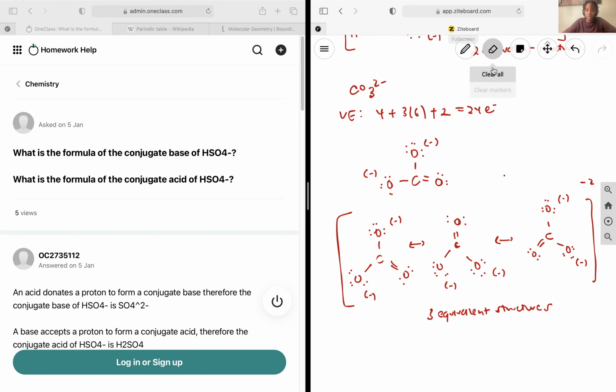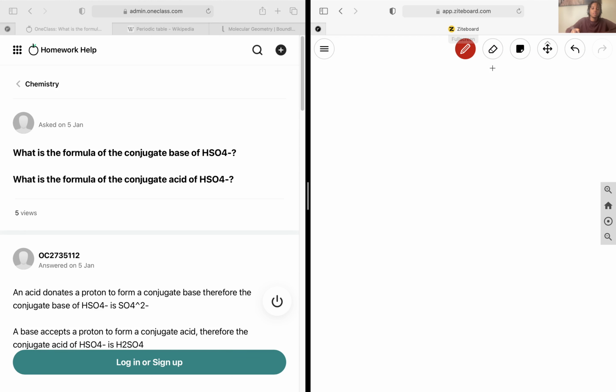Okay, next up, we're looking at conjugate acids and bases. So we just need to remember that according to Bronsted-Lowry acid-base theory, we have acids as proton donors and bases as proton acceptors.